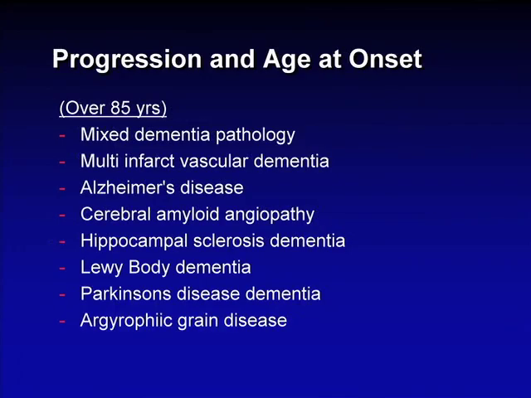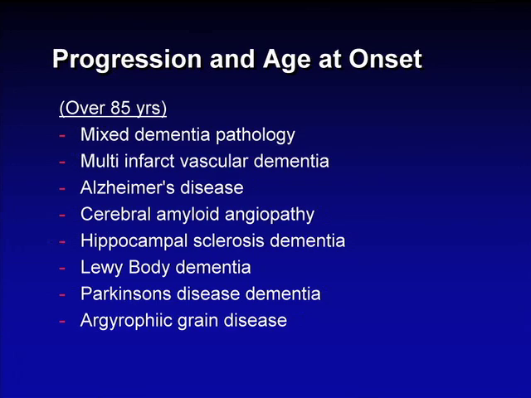Over the age of 85, you start to think mostly mixed dementias with vascular and Alzheimer's disease as the most common diagnosis and mixture of these things. It is now clearly recognized that age plays an important role in finding out what kind of dementia syndrome the patient is facing. And that is a huge clue for you to ask other questions to follow up on that.